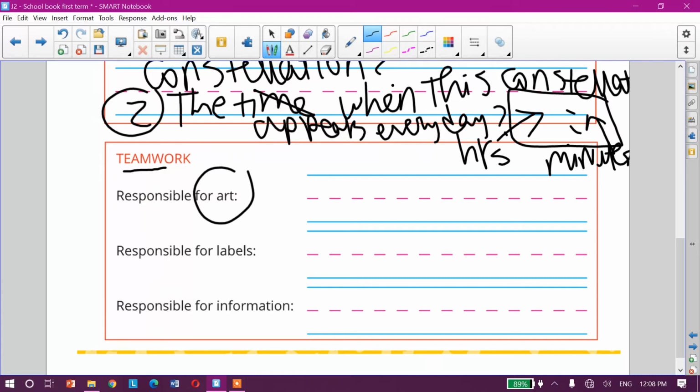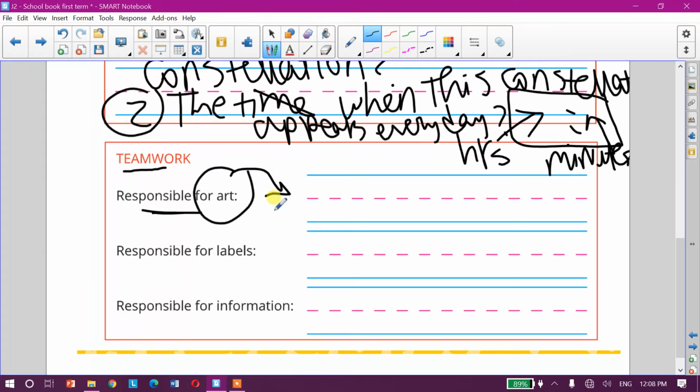We are using different brightening sticky stars. You will make the shape of Orion on cardboard and bring it to me tomorrow, please. Responsible for art: you will write the name of the student responsible for drawing this constellation.